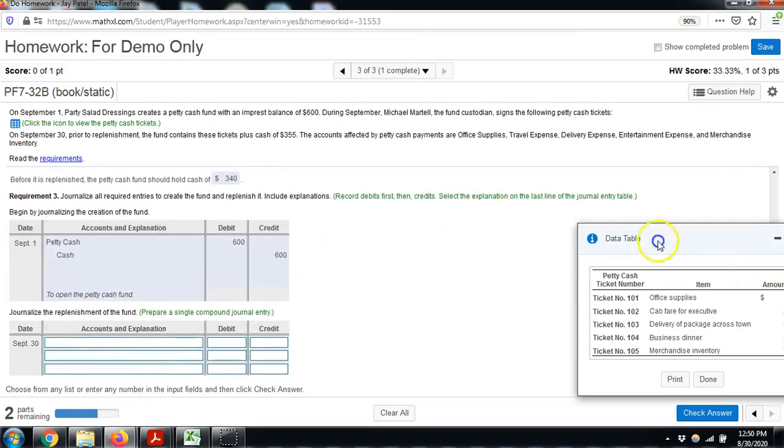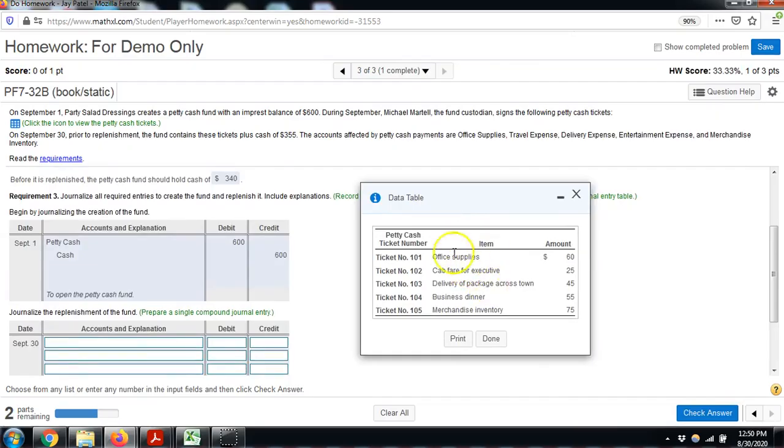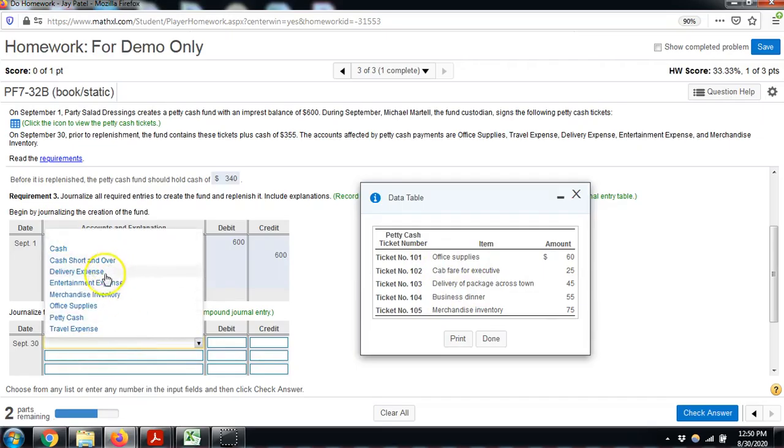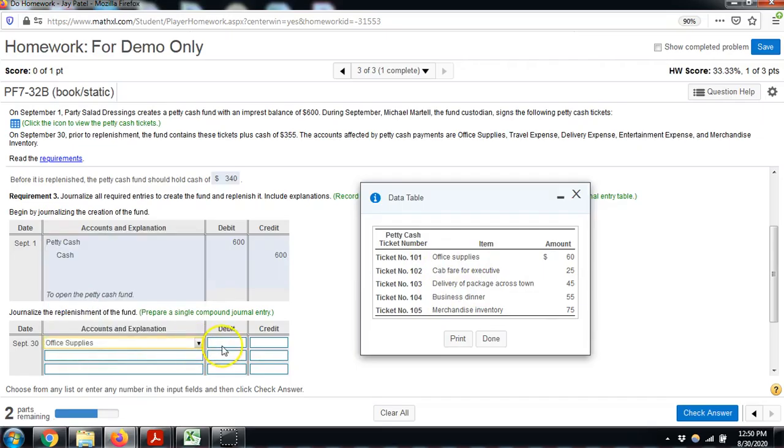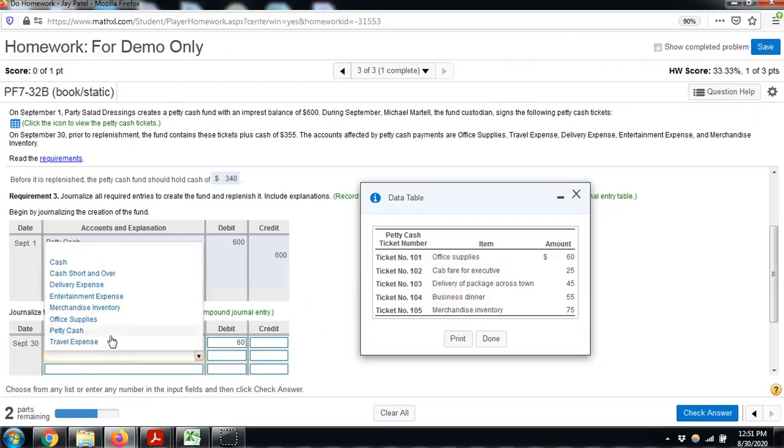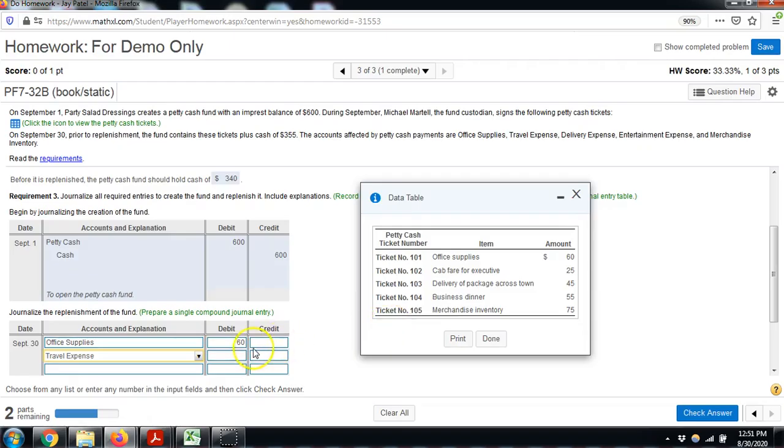Basically we look at our tickets here, and we look at what we spent the money on. In this first one, we bought office supplies, $60. So we have office supplies, an asset, $60. And we have some cab fare for executives, so that could be travel expense, $25.